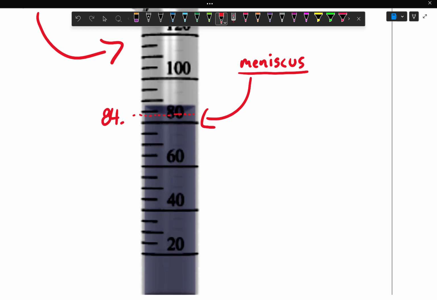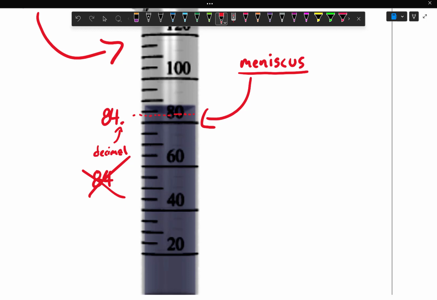All right, and don't forget to put the decimal. I know it seems redundant, but 84 on its own is not correct. It's very frustrating. I understand. I hated it at first, but you're going to have to get used to it.